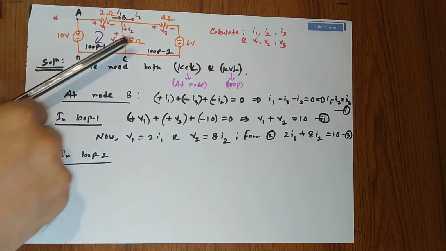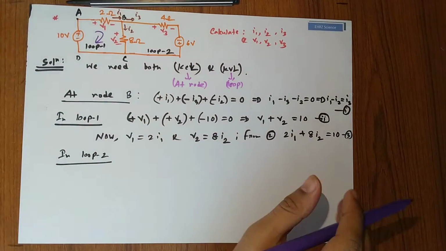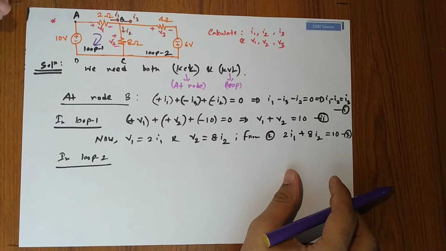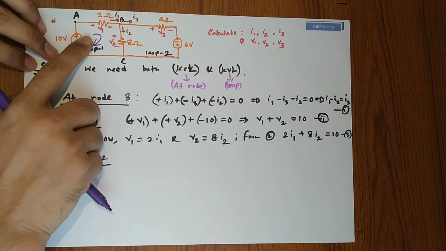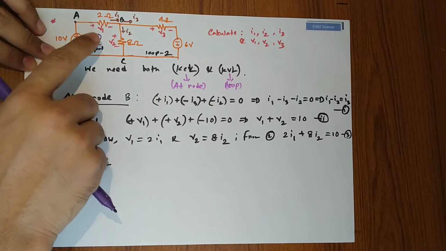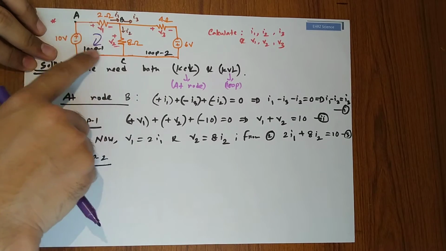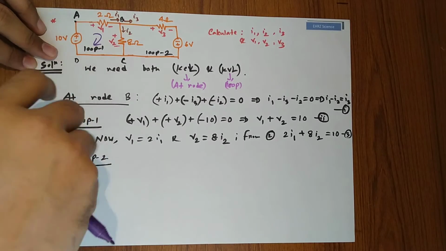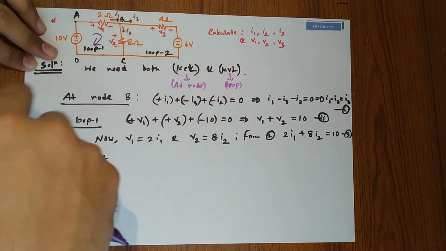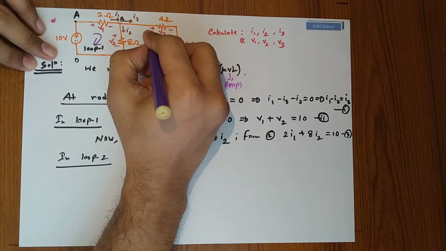Now we have to travel in a clockwise or counterclockwise direction, but since you have chosen to travel in the clockwise direction in loop 1, you have to travel in the clockwise direction in loop 2.